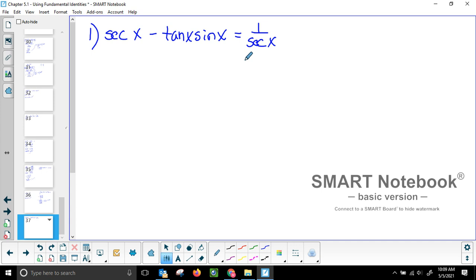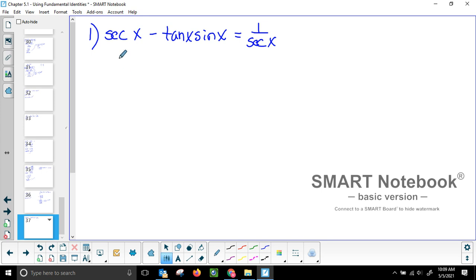Typically the Pythagorean identities, 1 plus tan squared theta is equal to secant squared theta, and 1 plus cotan squared theta is equal to cosecant squared theta. Those ones typically jump out at you. But anyway, let's go ahead and just put things in terms of sine and cosine first.